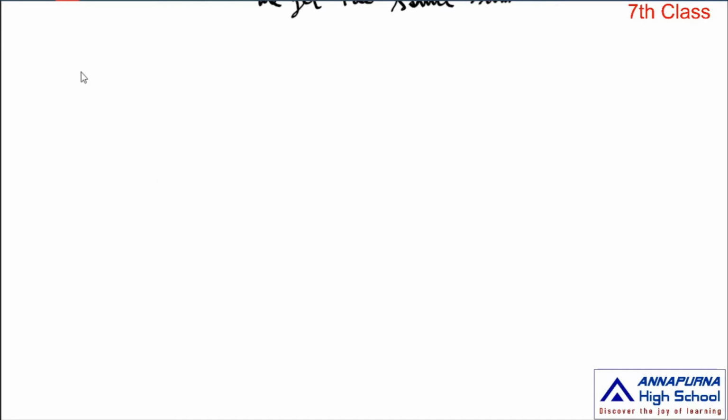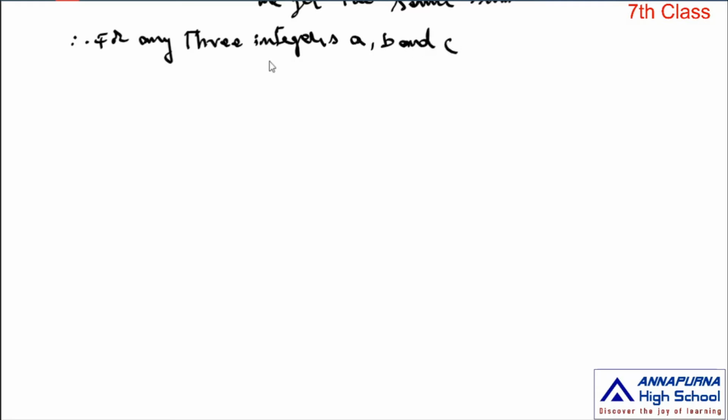Now therefore for any three integers A, B and C, A plus (B plus C) is equal to (A plus B) plus C. Now this is the associative property, and we come to the next property.